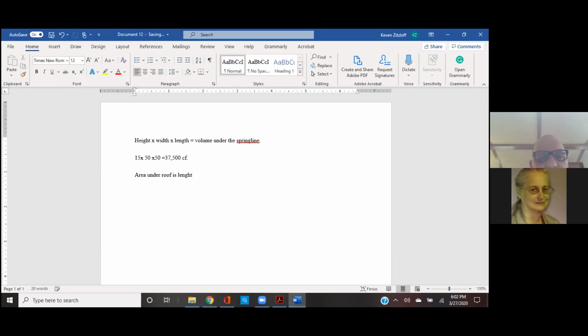Area under roof is the length times the width times 1/2 the roof height, the spring height.